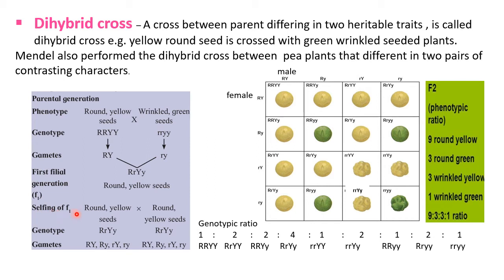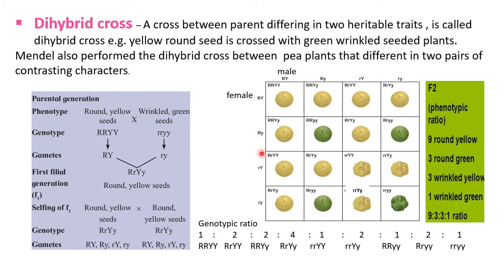The individuals of the F1 generation are allowed to carry out self pollination, and an equal number of male gametes and female gametes are produced. Here we see the F2 generation represented with the help of a Punnett square or checkerboard method. At the upper side we see male gametes and on the side we see female gametes.